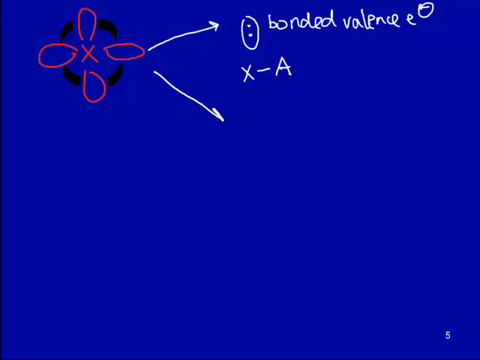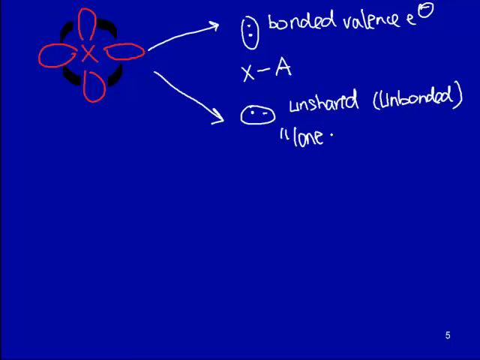Or you'll have situations where it's just a pair of unshared, or sometimes referred to as unbonded, or sometimes also referred to as lone pair, of valence electrons.